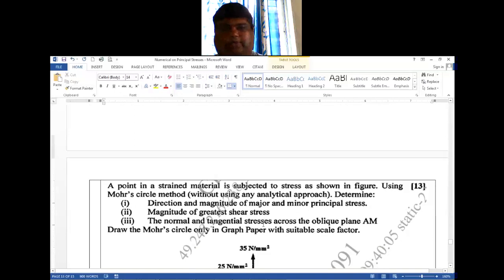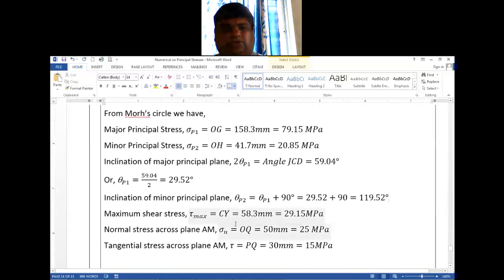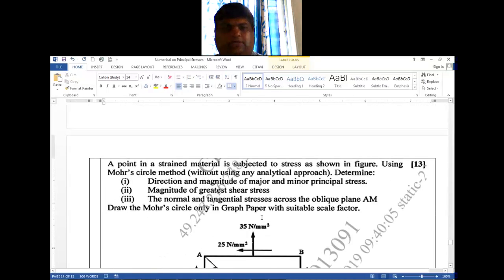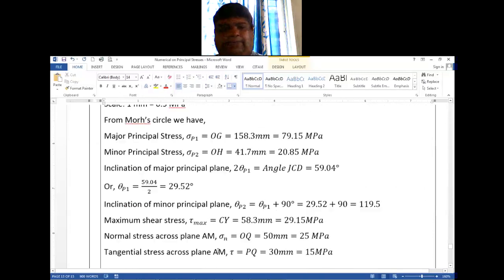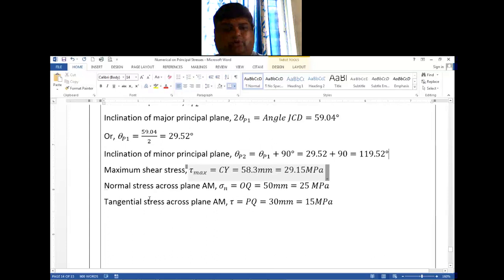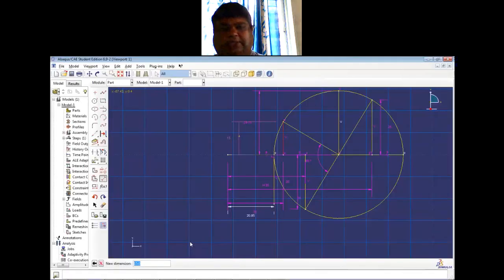Then magnitude of greatest shear stress. So greatest shear stress is tau max. We found that. The normal and tangential stress across the oblique plane AM. So we have found normal and tangential stress. In case they ask resultant stress, then it will be the line joining these two.